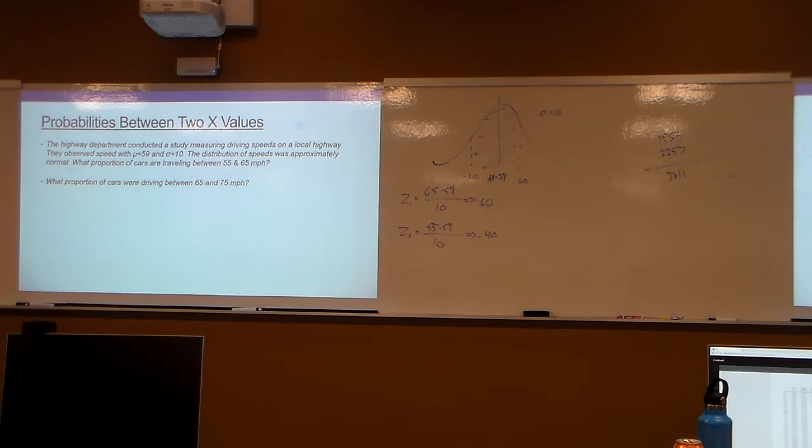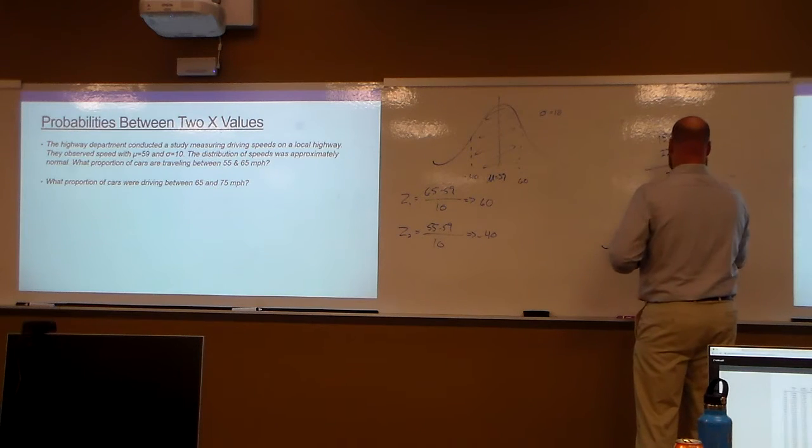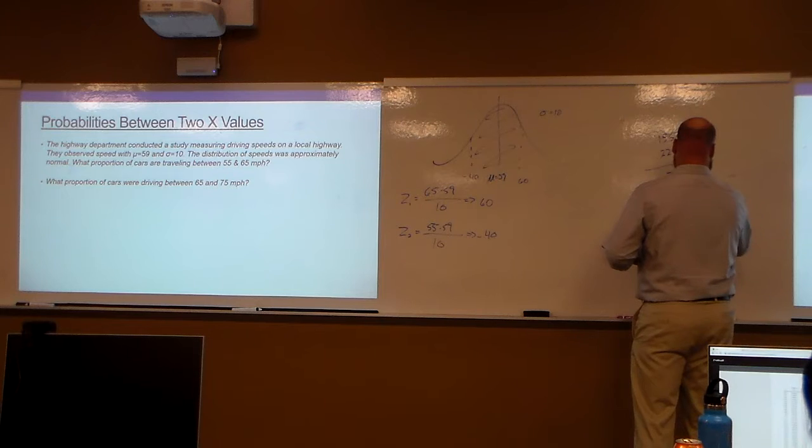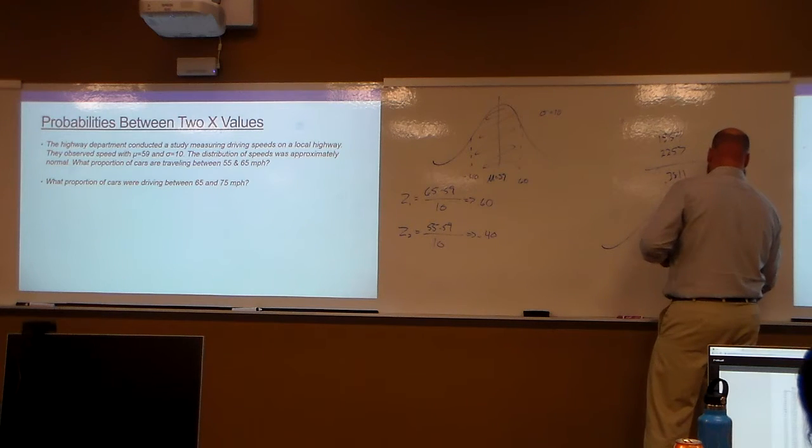Proportion of cars driving between 65 and 75. This starts to get a little bit more difficult, right? Because now you just have to think about it. So here's the mean, and we're looking at 65 to 75 here.